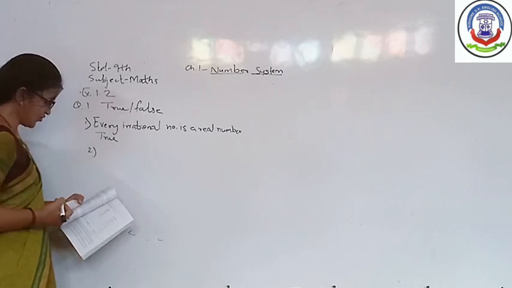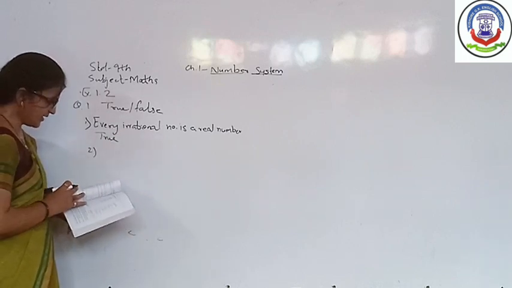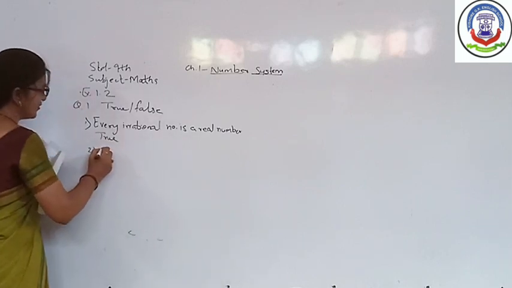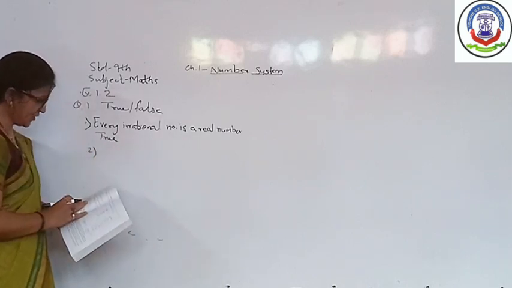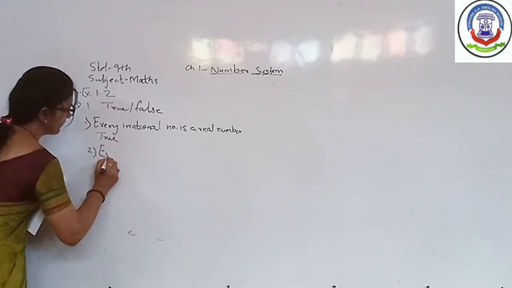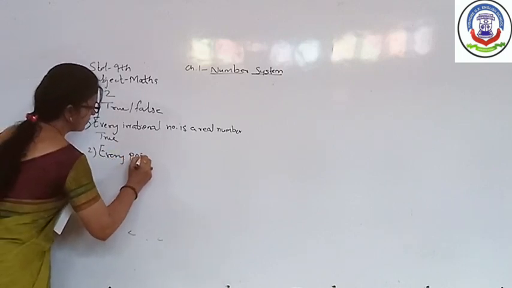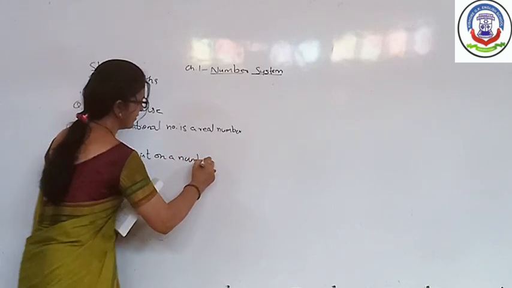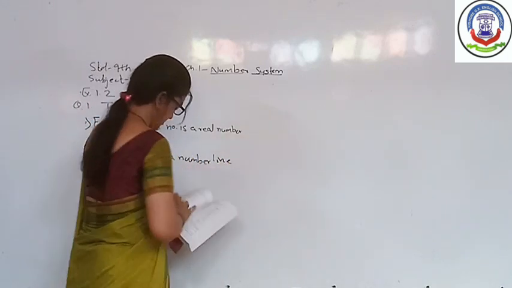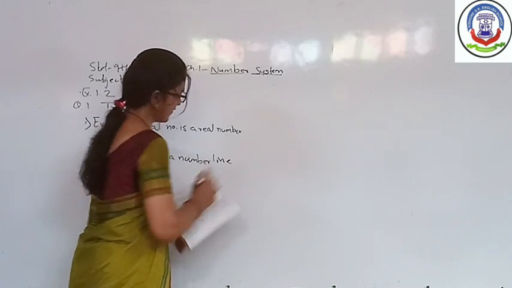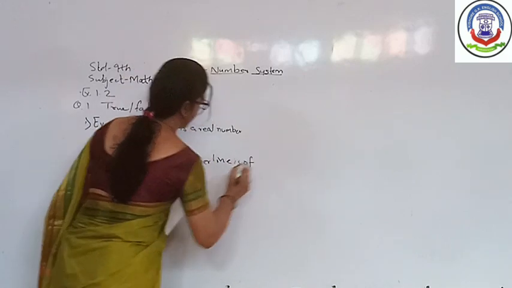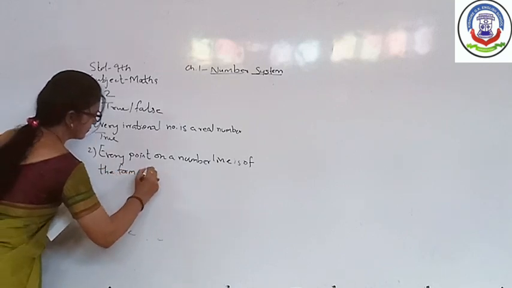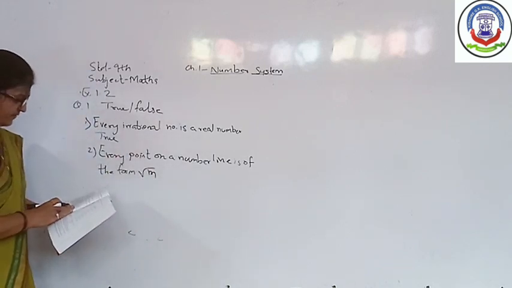Now question 2. Every point on the number line is of the form square root m, where m is a natural number.